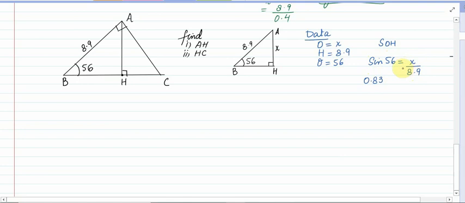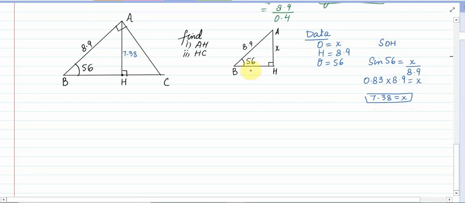When 8.9 shifts on the left side, it will be multiplied with 8.9 is equal to X. So 0.83 times 8.9, it's 7.38. So we got the value of AH, that is 7.38. I have written it in the main diagram as well.